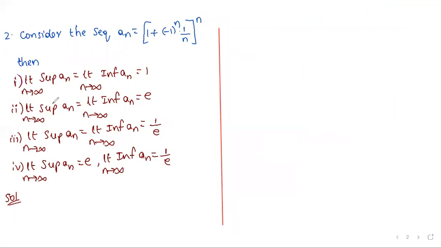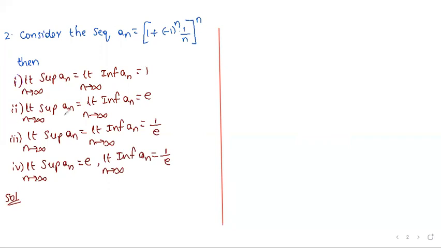And one more problem. Consider the sequence an is equal to (1 plus (minus 1) whole power n upon n) whole power n. Then the first option, limit supremum an is equal to limit infimum an, both are equal to 1.